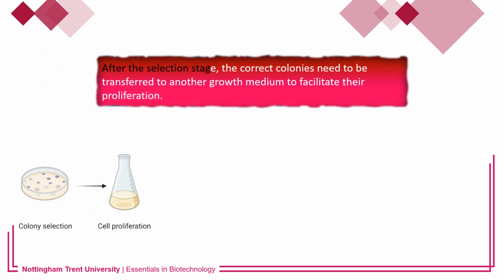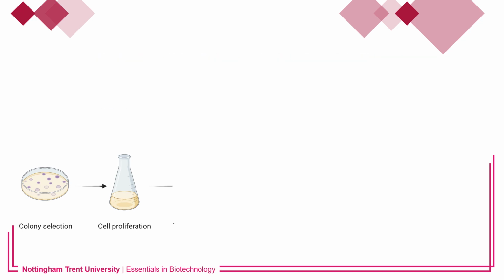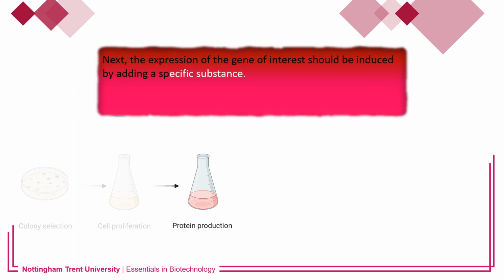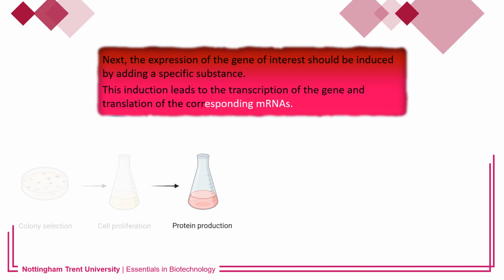After the selection stage, the correct colonies need to be transferred to another growth medium to facilitate their proliferation. Next, the expression of the gene of interest should be induced by adding a specific substance. This induction leads to the transcription of the gene and translation of the corresponding mRNAs.